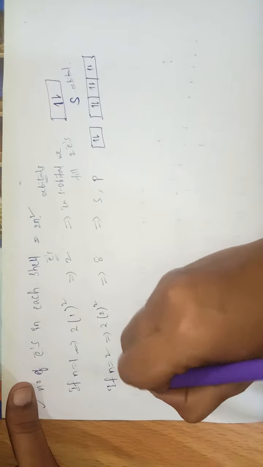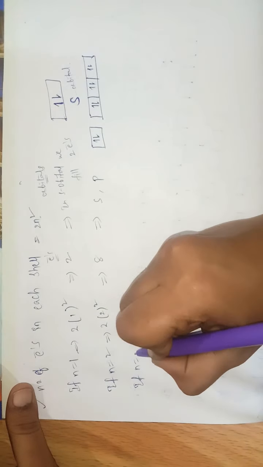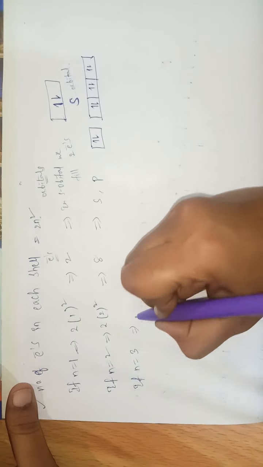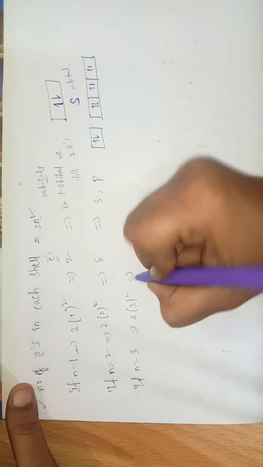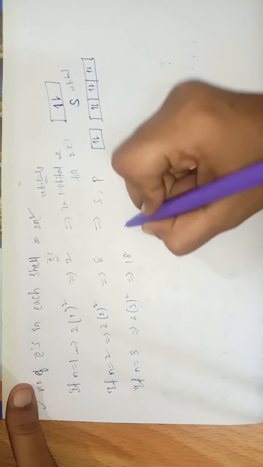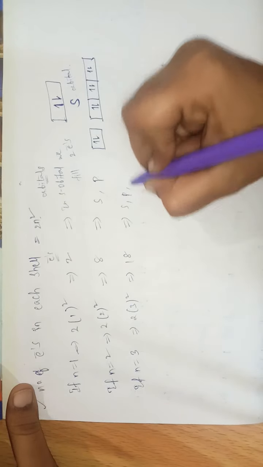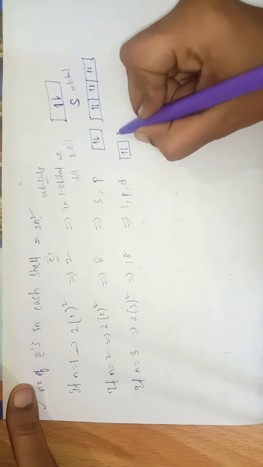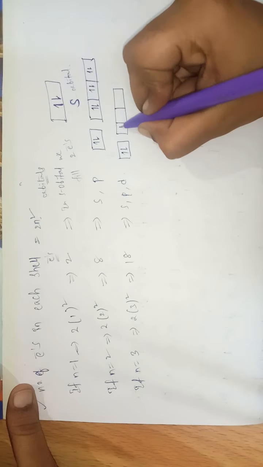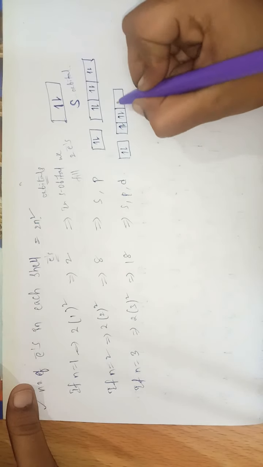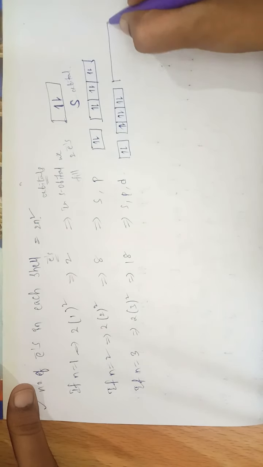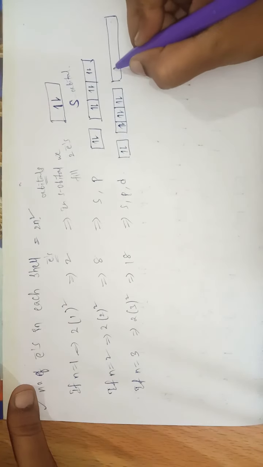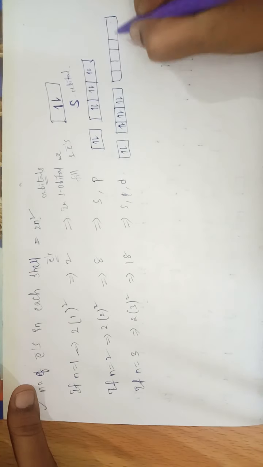If n equals 3, 2n square means 18, that is s, p, d. And 1, 2, 3, 4 and 5.